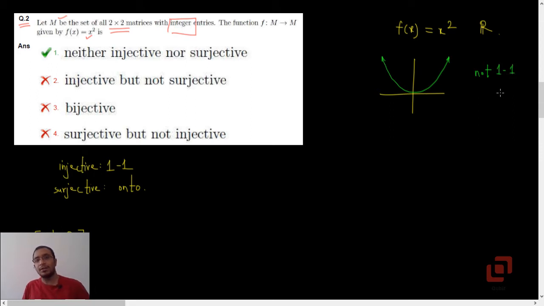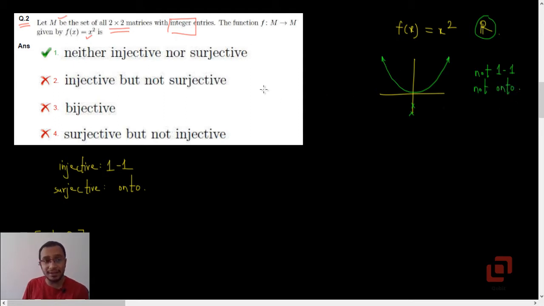Or to put it another way, the square of -2 is equal to the square of 2. So it is not 1-1, and it is not onto, because there is no real number whose square is negative. So at least on the set of real numbers, this function is neither 1-1 nor onto.